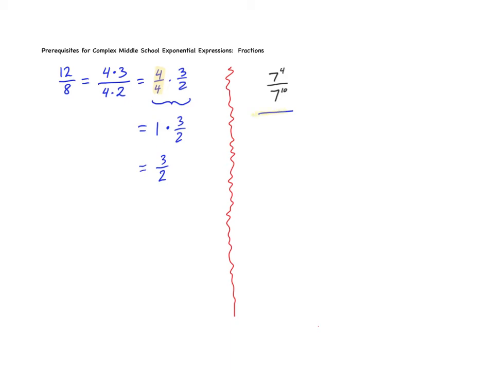Now let's think about 7 to the 4th over 7 to the 10th. I can rewrite this as 7 times 7 times 7 times 7 over 7 to the 10th.